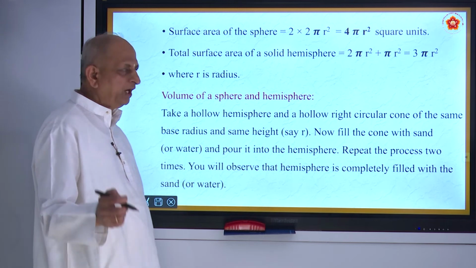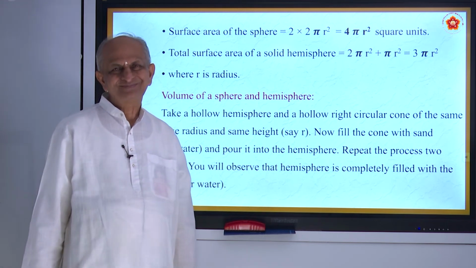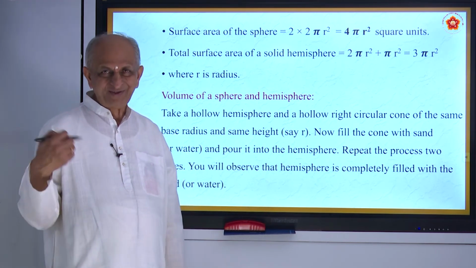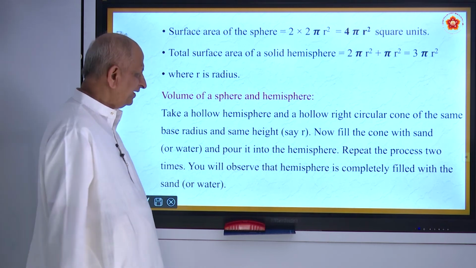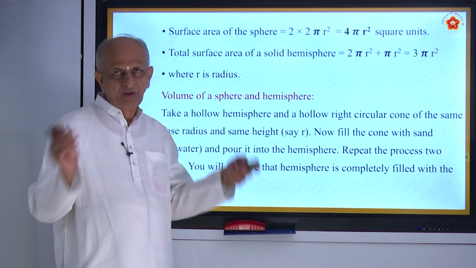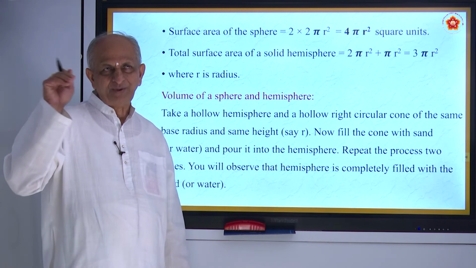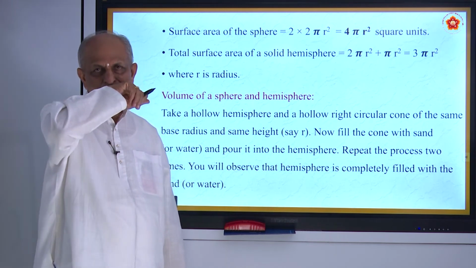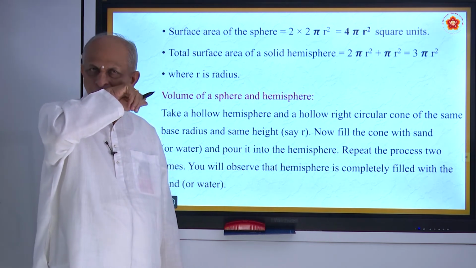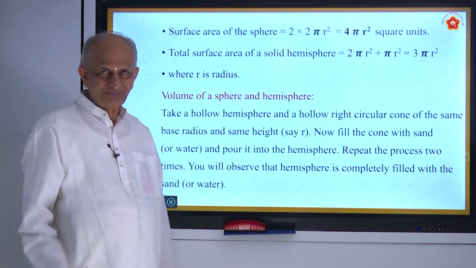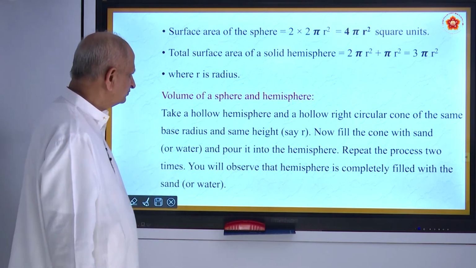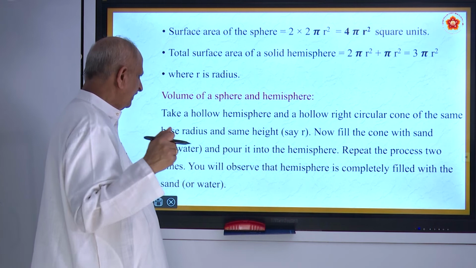Now how to find out the volume? You want to know the volume also, no? For example, if you have a football, you must know how much air will be inside it. Is it not? For that you have to find out the volume. For finding the volume, we want the radius.